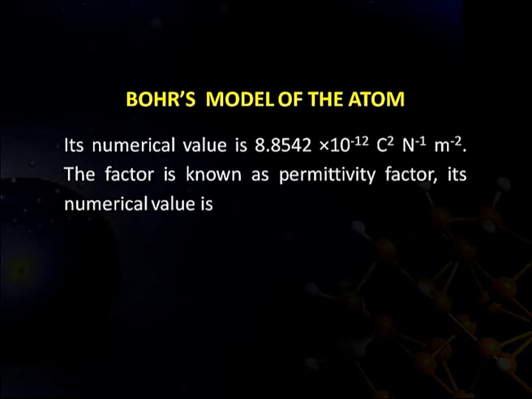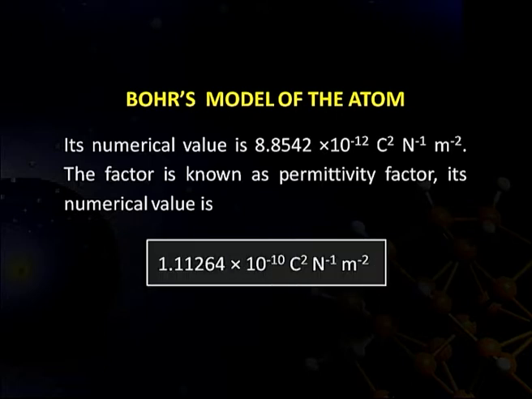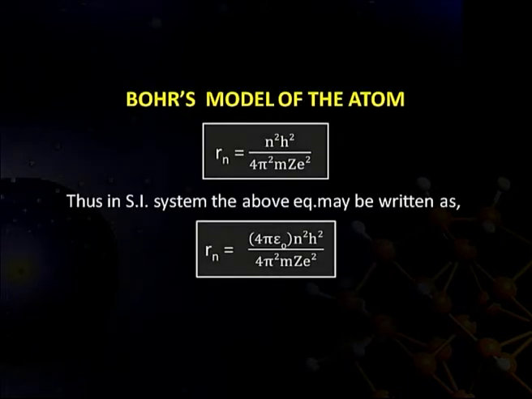Its numerical value is 1.11264 × 10⁻¹⁰ coulomb² per newton per meter squared, which is equivalent to n²h²/4π²mZ². Thus, in the SI system, the above equation may be written as rn = 4πε0 n²h²/4π²mZ².